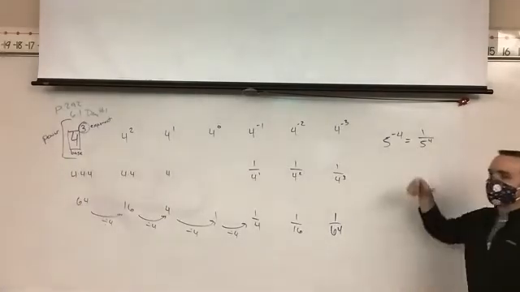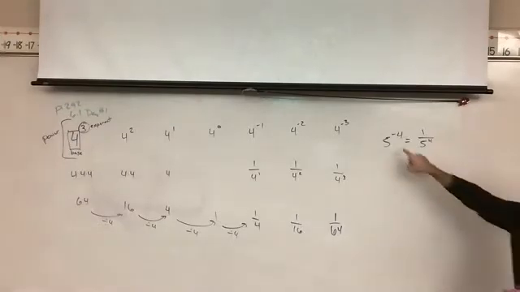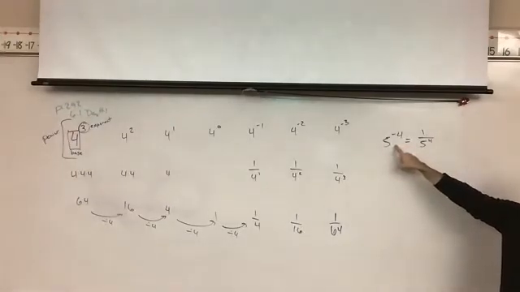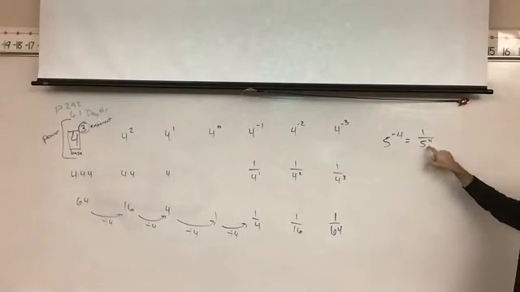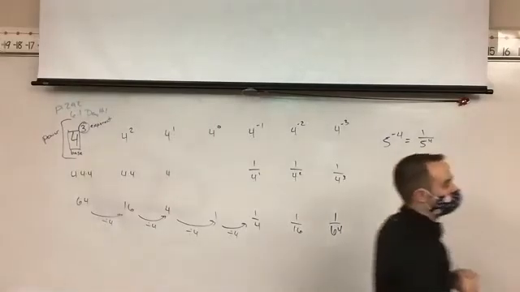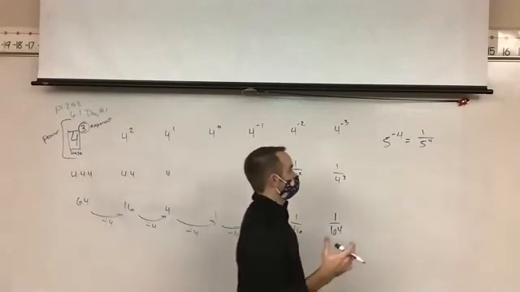The thing about this is, I don't want decimals today, okay? I don't want decimals. So we can't just type this into a calculator. We have to change it over to this first. Do 5 to the 4th on your calculator. Just 5 to the 4th. What do we get for that?